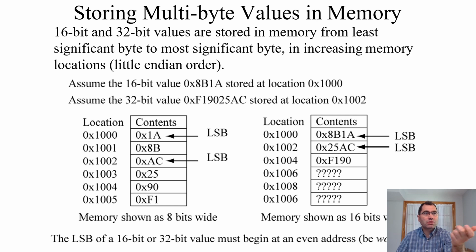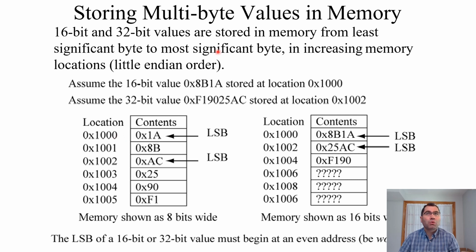For example, assume we have a 16-bit value here. It's 0x8B1A, stored starting at location 0x1000. Obviously the whole thing cannot be stored at that location.